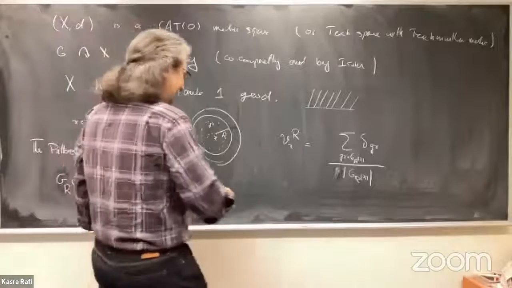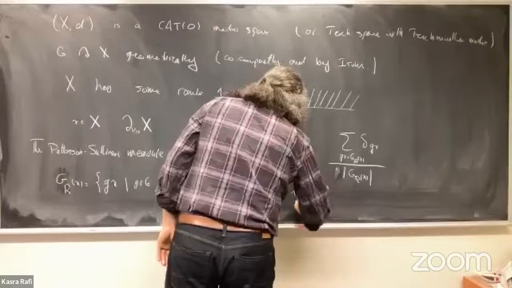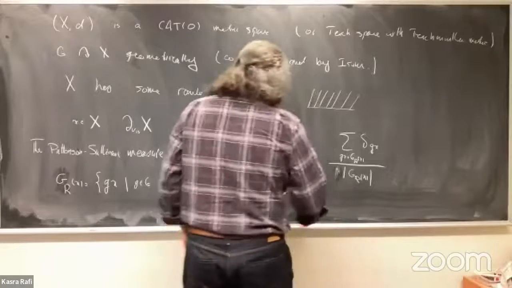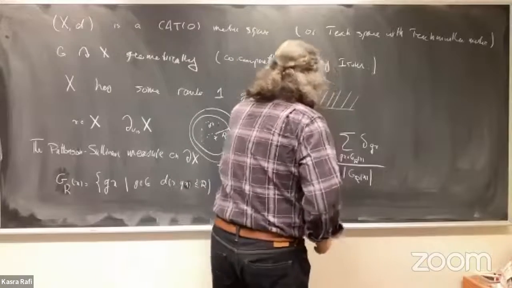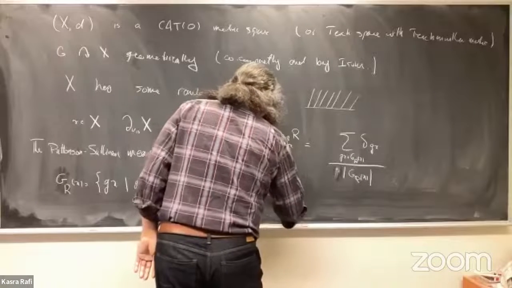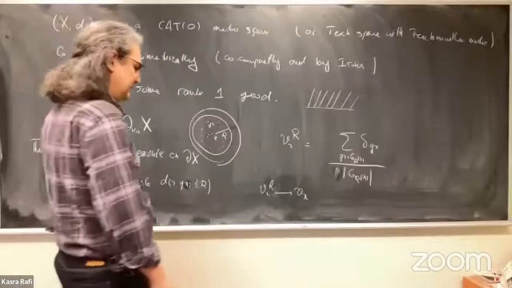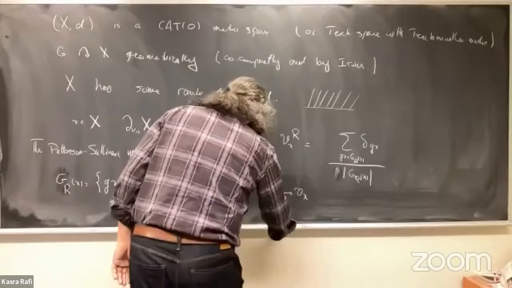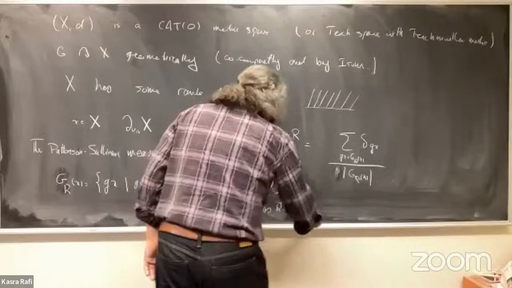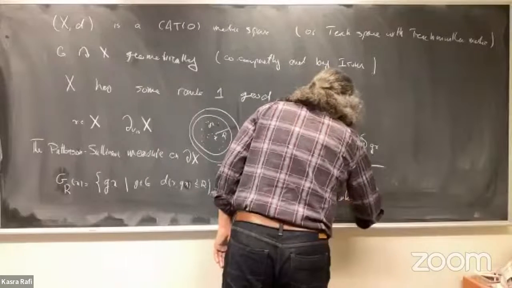So I can take the limit of that, mu x, as R goes to infinity. Maybe I should write it like that, so I know what limit means. As R goes to infinity, these measures converge to something called mu x, and by converging I mean in the weak star topology.